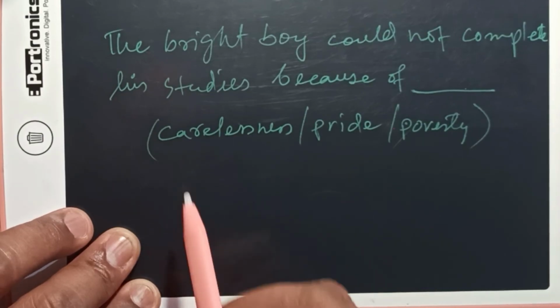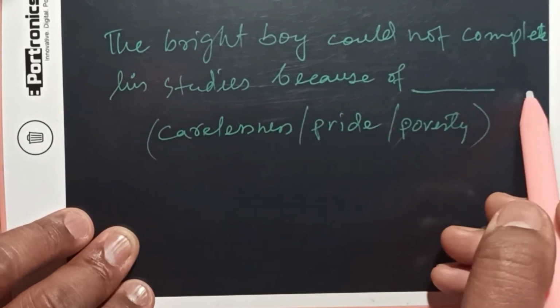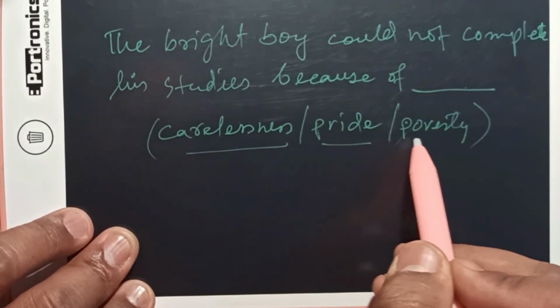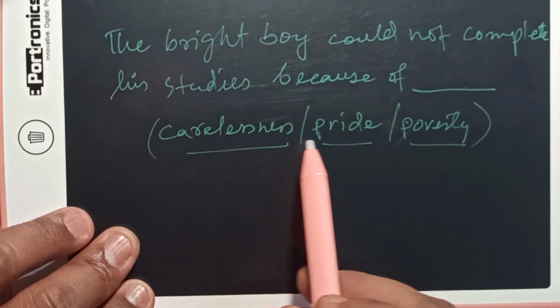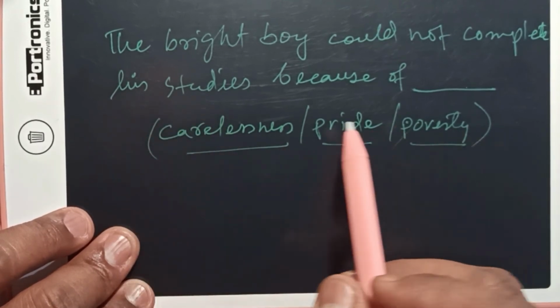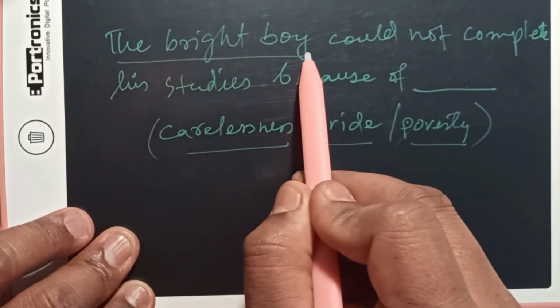Let's look at this sentence. The bright boy could not complete his studies because of dash: carelessness, pride, or poverty. Now it doesn't go with the meaning of these words, but see the situation of the bright boy.